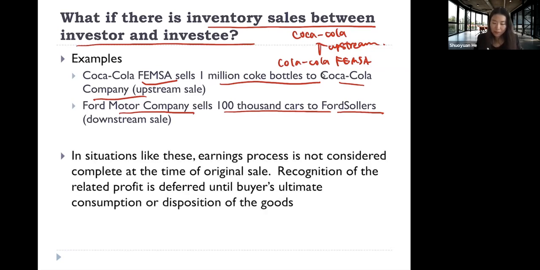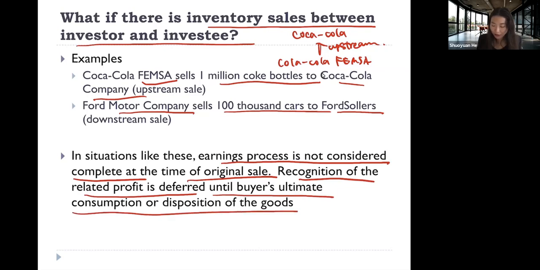In both of these situations, the earnings process is not considered complete at the time of the original sale. Recognition of the related profit is deferred until the buyer's ultimate consumption or disposition of the goods.